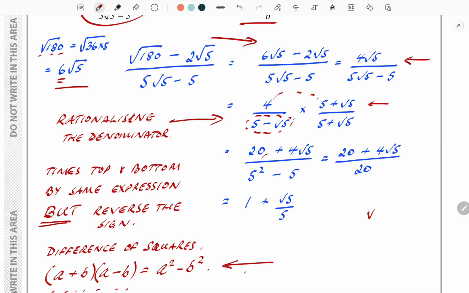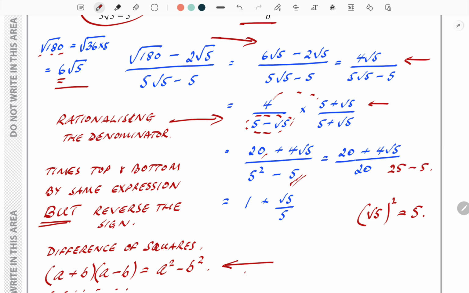But remember, root 5 squared equals 5. So that's what we have here. Root 5 times root 5 gives me just 5, and the sign in between is minus. So the whole thing simplifies to 20 plus 4 root 5, all divided by 20, because that's 25 minus 5.